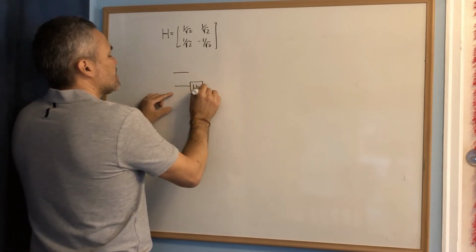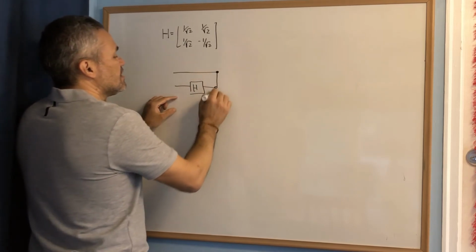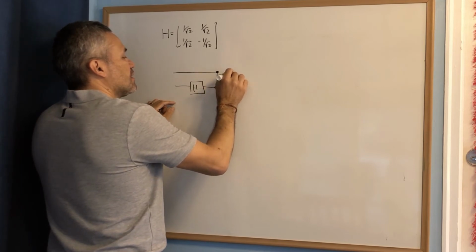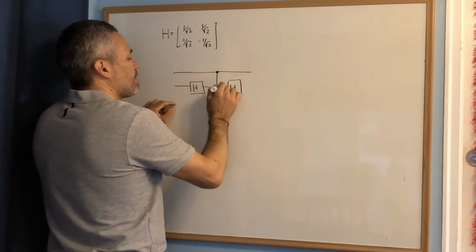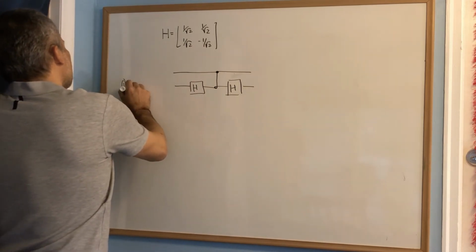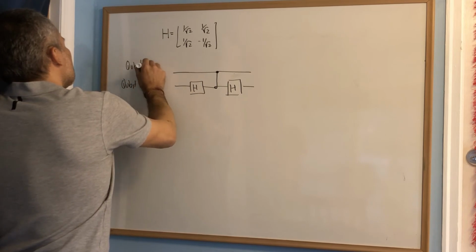the Hadamard gate, and then we do a CZ, and then the Hadamard gate, and then the Hadamard gate, right? We are acting on two qubits. Let's say this is qubit 1 and qubit 2.